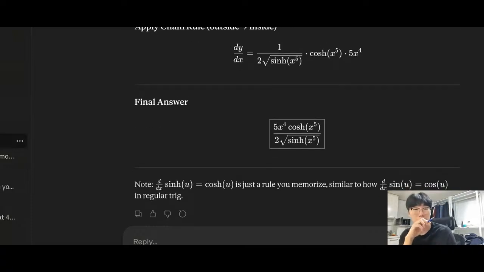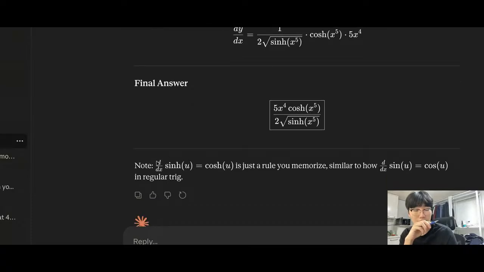Now, the derivative of sinh u equals cosh u is just a rule you memorize, similar to how the derivative of sin u equals cos u.